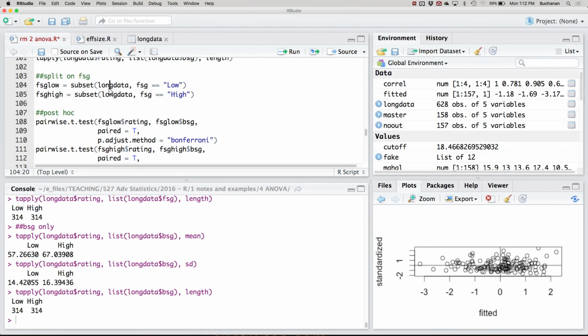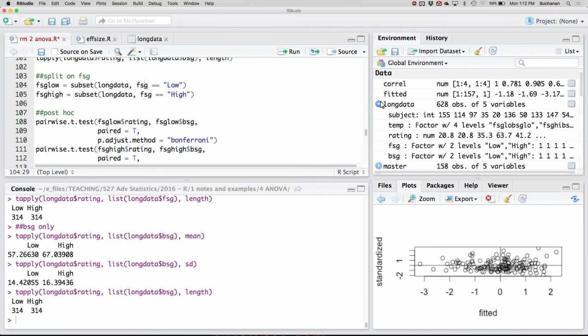So I'm going to use subset long data where the forward strength column equals. I don't know if you want to put a note here to yourself, or a star, or a sticky note, or tattoo. Don't do 1 equals. Will not work. I cannot tell you how many times that's the problem. 2 equals. Equals equals low, equals equals high.